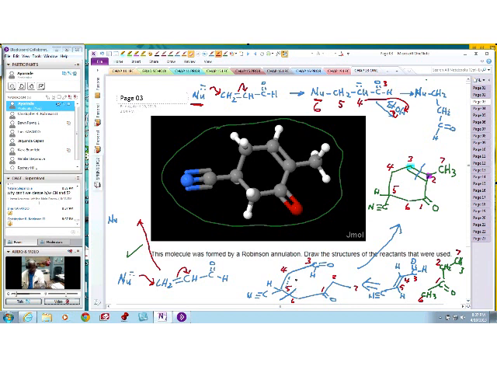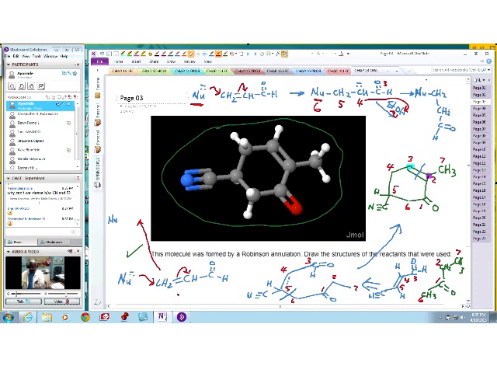For you to get a Michael addition, you need an alpha beta unsaturated carbonyl compound. In other words, the double bond must be conjugated to the carbonyl carbon. That is the most important aspect of the Michael addition reaction.